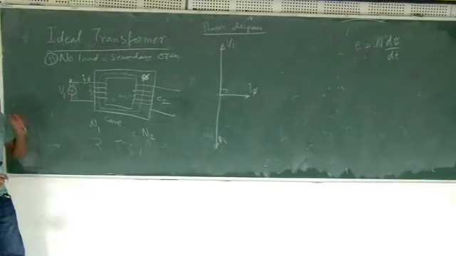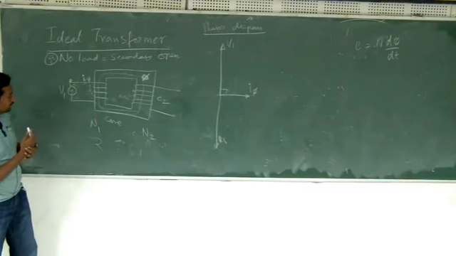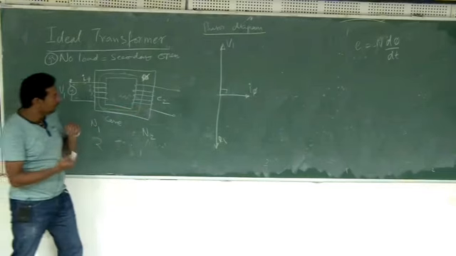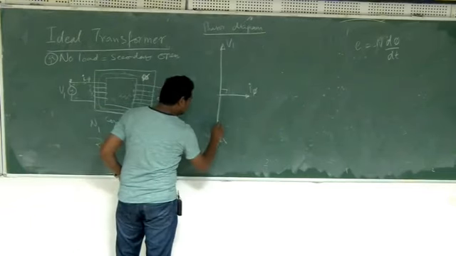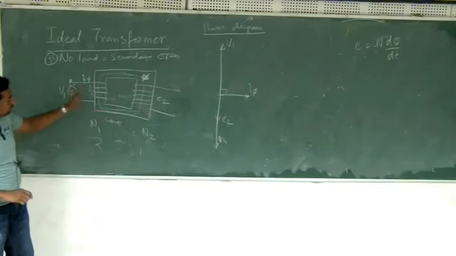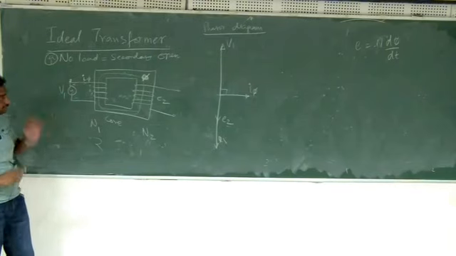If there are 2000 turns here, only 1000 turns here. In that case, E2 will be half of that of E1. So, I will write E2 somewhere like this. This is everything that is there in the ideal transformer under no load conditions.